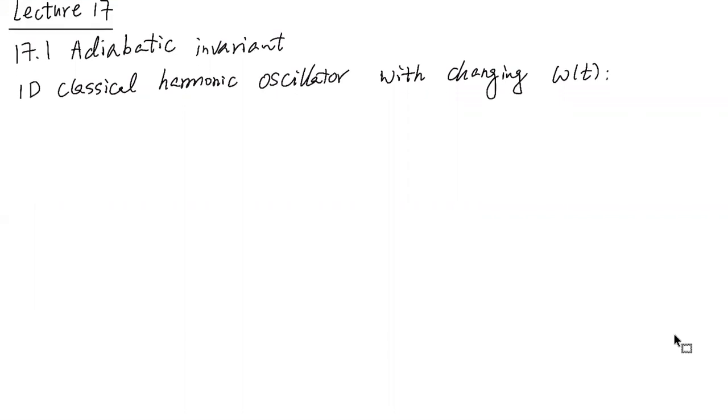So the classical Hamiltonian H is the kinetic energy plus the potential energy. Now, in this case, we consider the angular frequency as a function of time.